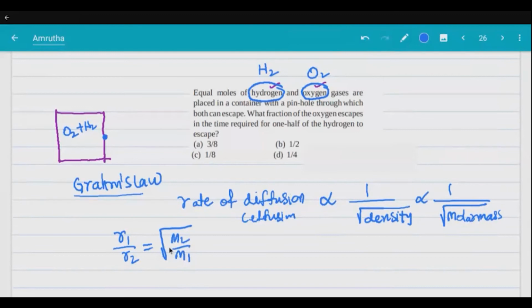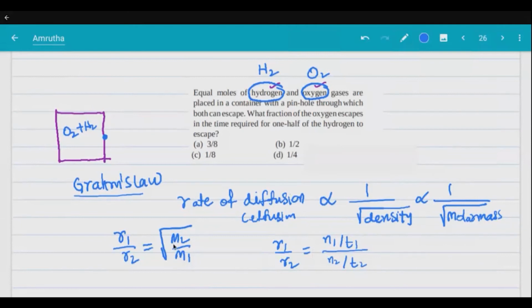They are inversely related to molar mass, and also equal to R1 by R2 = N1 by N2, the number of moles diffused per second, N1 by T1 over N2 by T2.